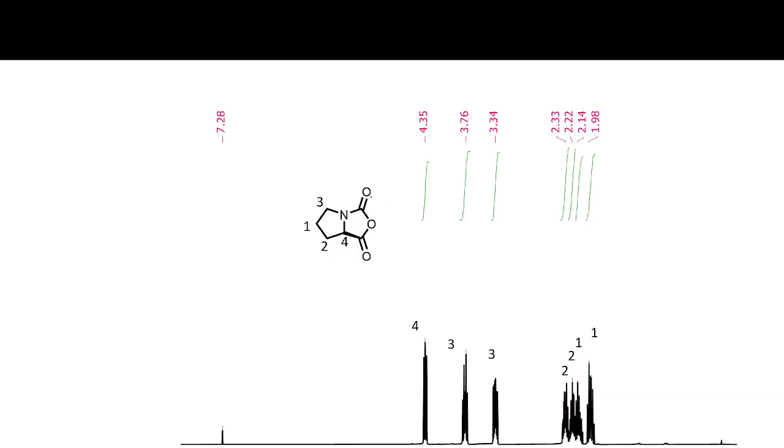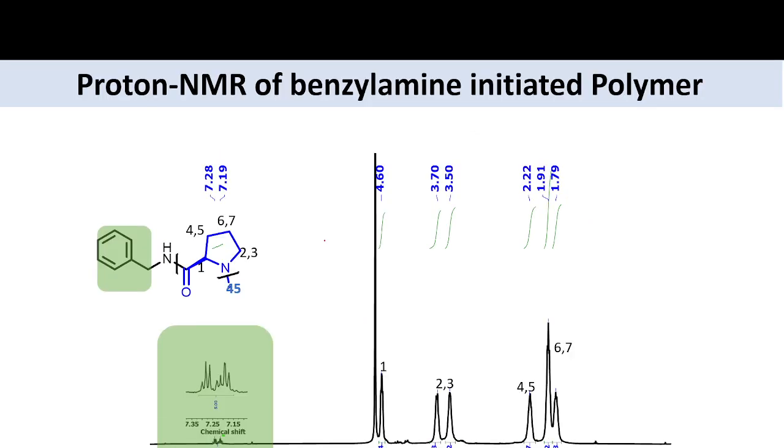Now if you go to the NMR study, this one is the monomer NMR spectrum. From NMR, if there is a single molecule, we get sharp peaks of the individual hydrogens. But when we do the polymerization, there will be 45 repeating units present, 45 monomer units in the polymer system, 45 repeating units of this proline.